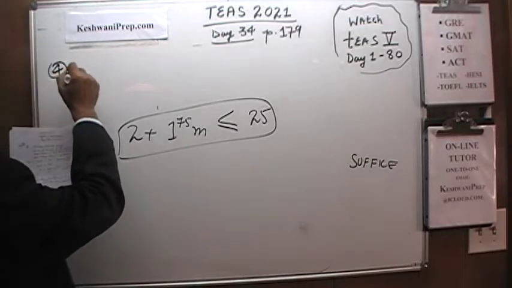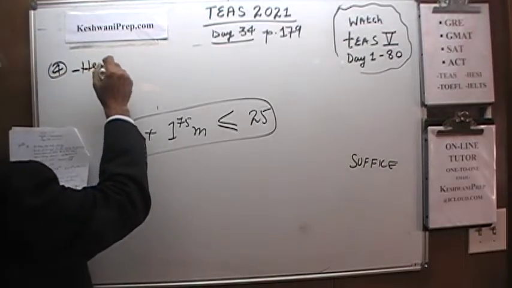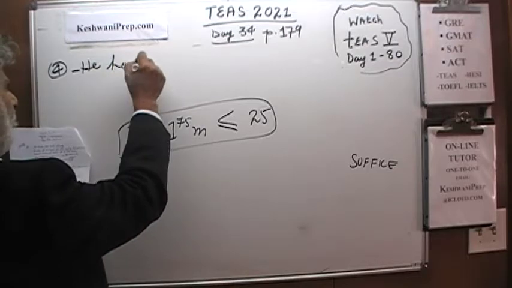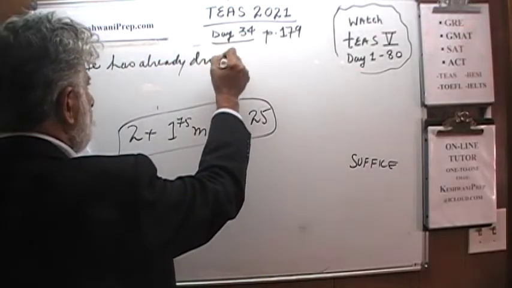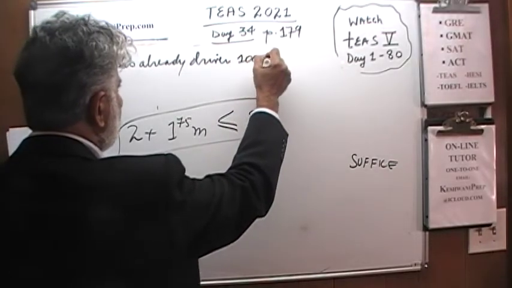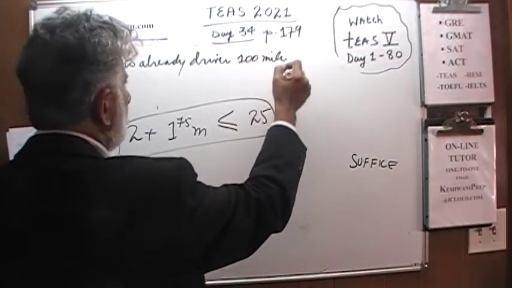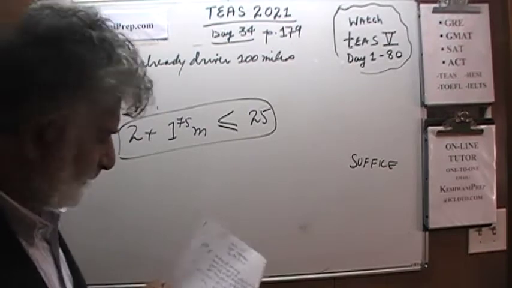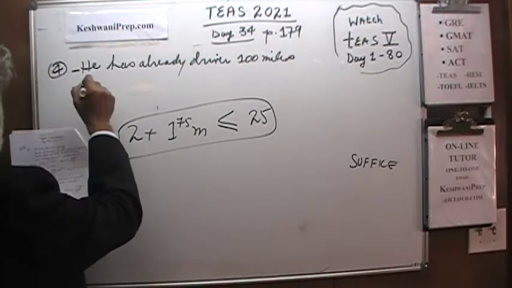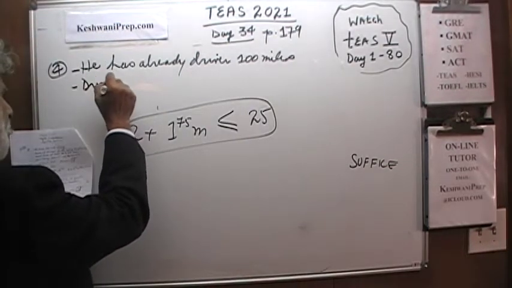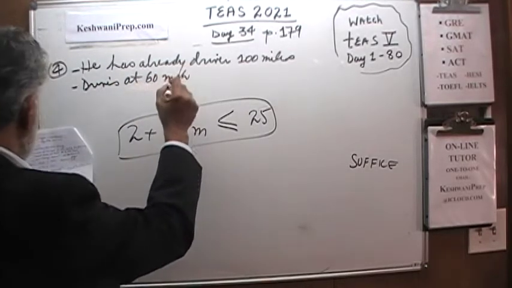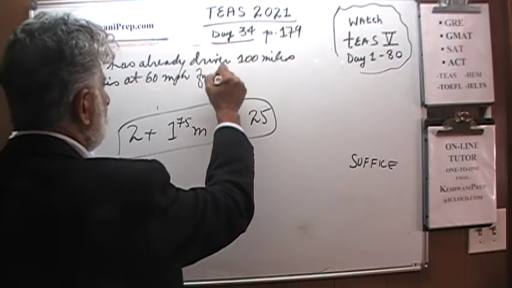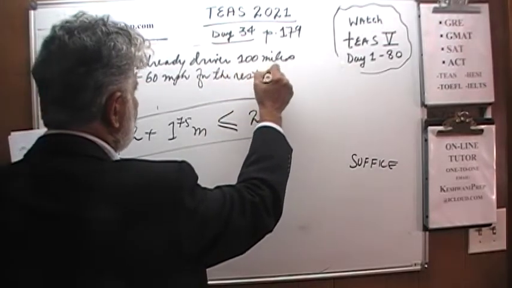We are told that this person has already driven 100 miles of his journey. Then he drives at 60 miles per hour for the rest of his journey.